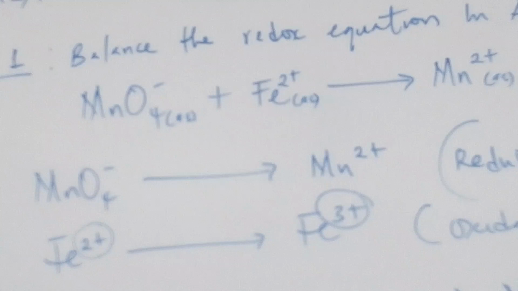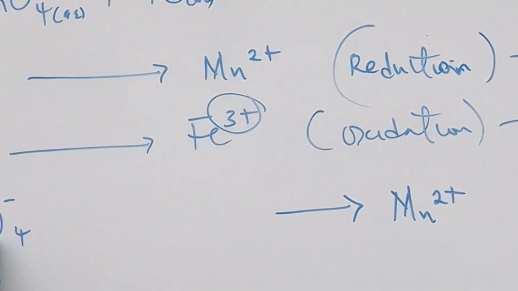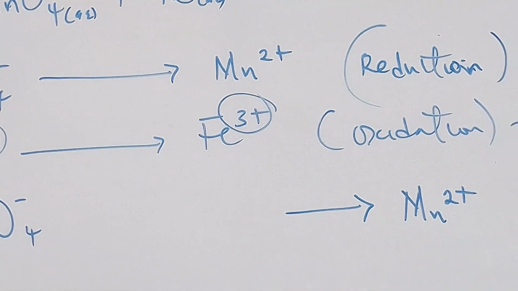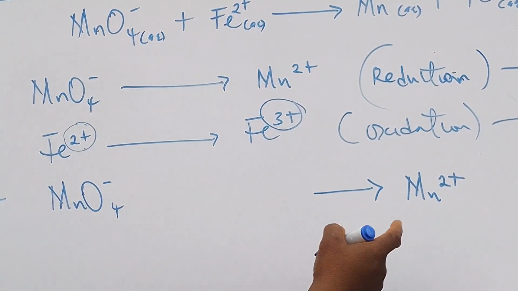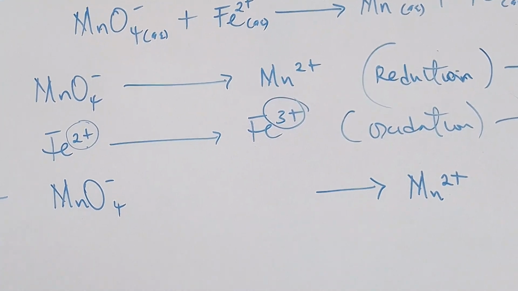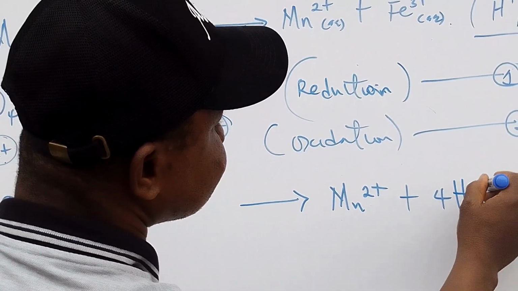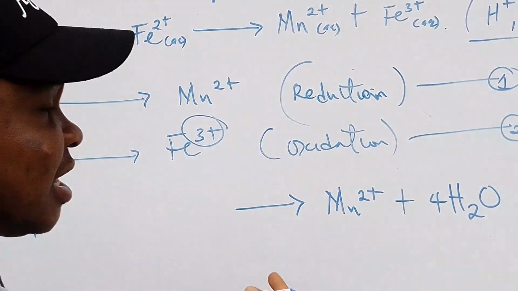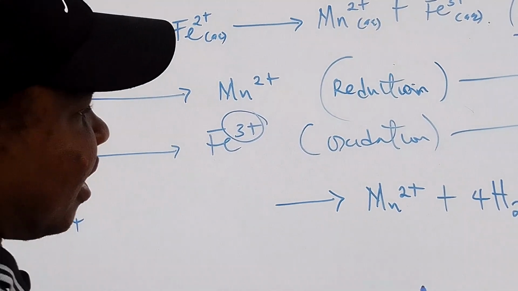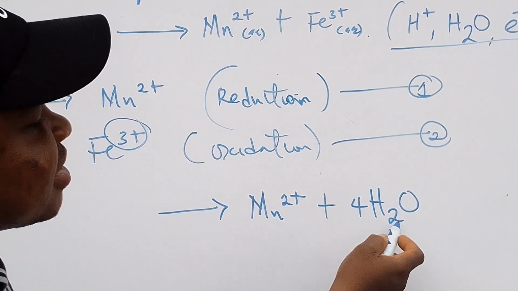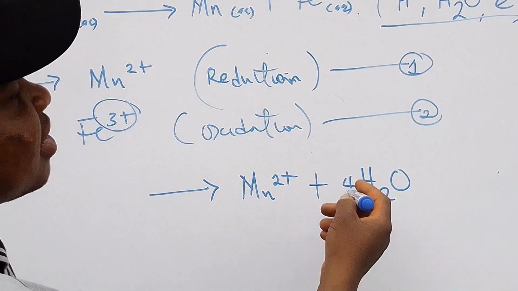Let's check the atoms. Mn 1, Mn 1. That Mn is balanced. So let's check the oxygen. Oxygen here is 4, and here there's no oxygen. I'm going to add 4 molecules of water, which gives me the 4 oxygen I'm looking for in the product. But in that, we have 8 atoms of hydrogen in the product.